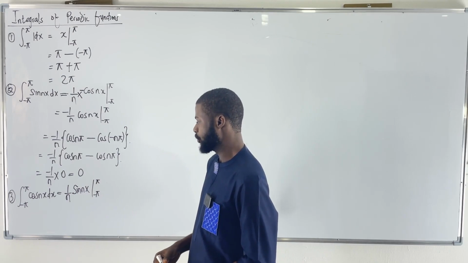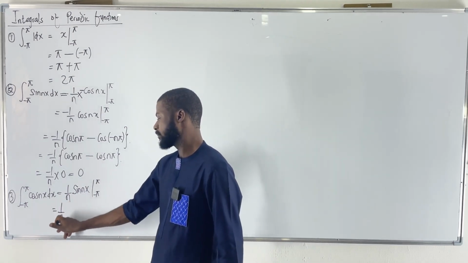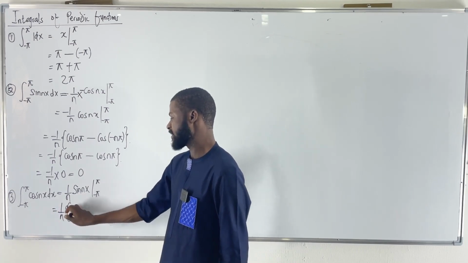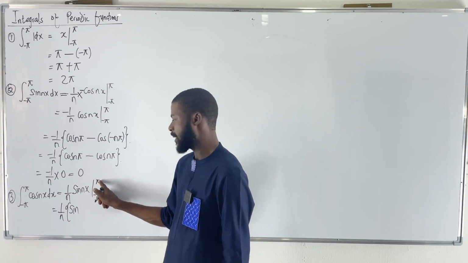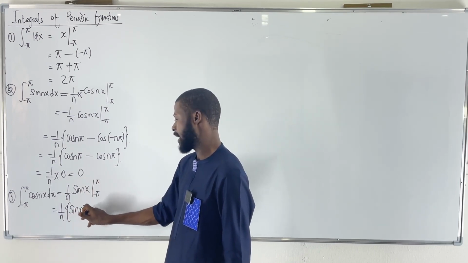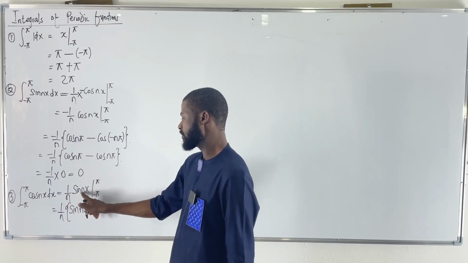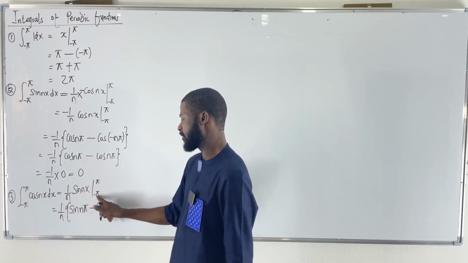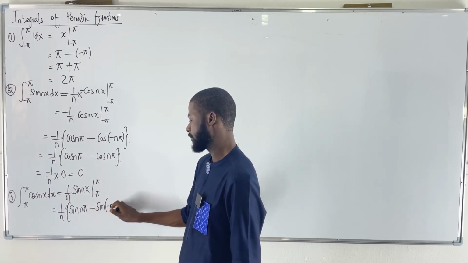So this is 1 over n, open up brackets, sine n pi, the upper limit is pi, minus the lower limit, sine of n times minus pi, which is minus n pi.